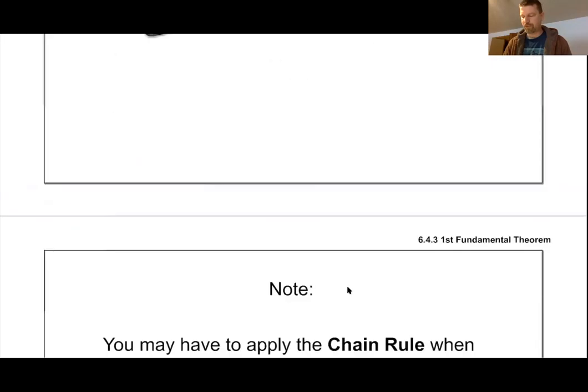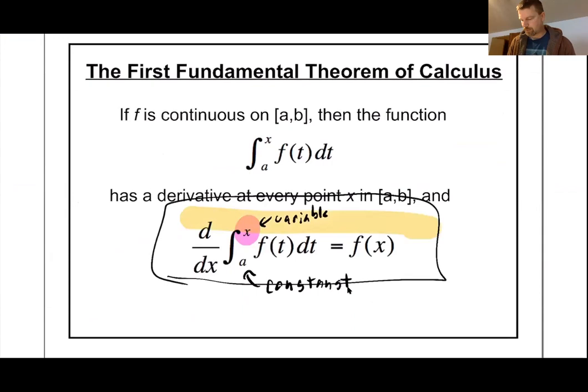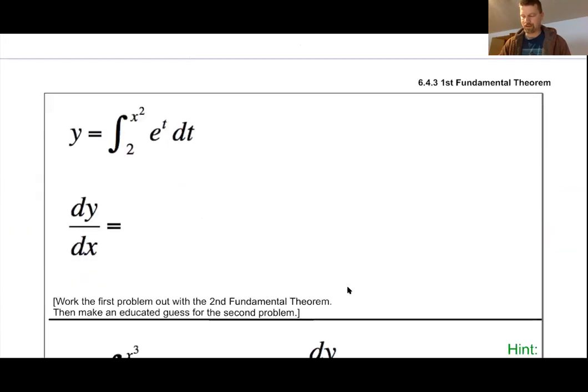Again, our first fundamental theorem is kind of limited. If I come back up to here, our first fundamental theorem said it works as long as you go to an x. But now all of a sudden I'm going to x squared, and I don't know how to deal with that. So if you ever get stuck like that, you can always default back to the second fundamental theorem.